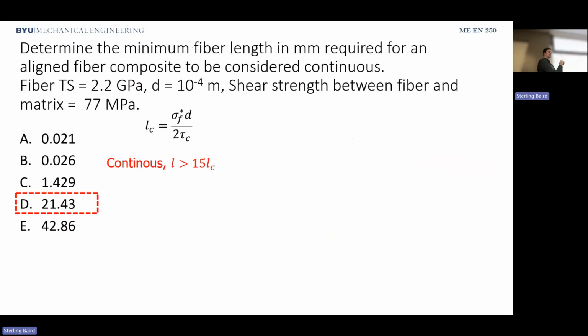And then my other question was for the shear stress, I guess that's the shear strength between fiber and matrix. But I was also hearing maybe there's something about the shear strength of the composite, and whichever one's smaller, you use that.